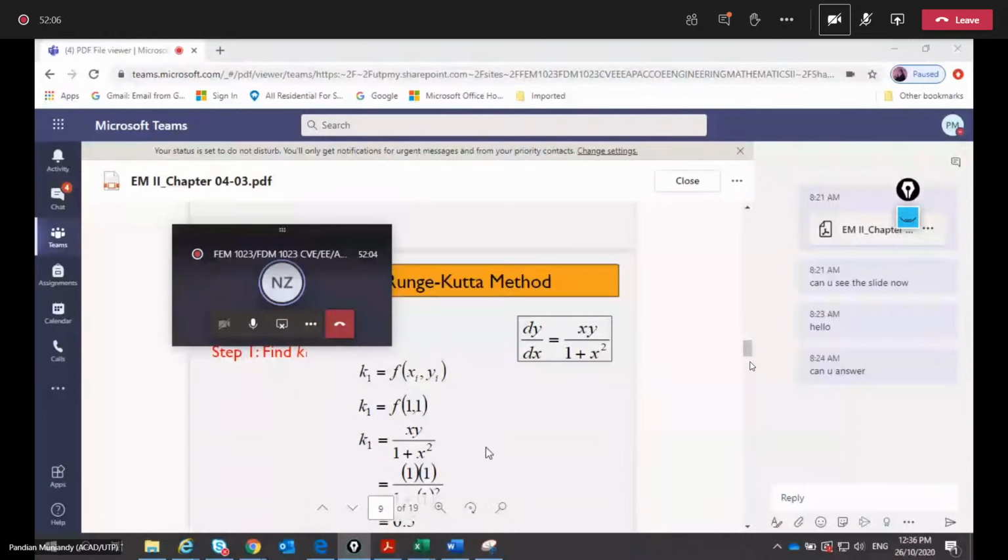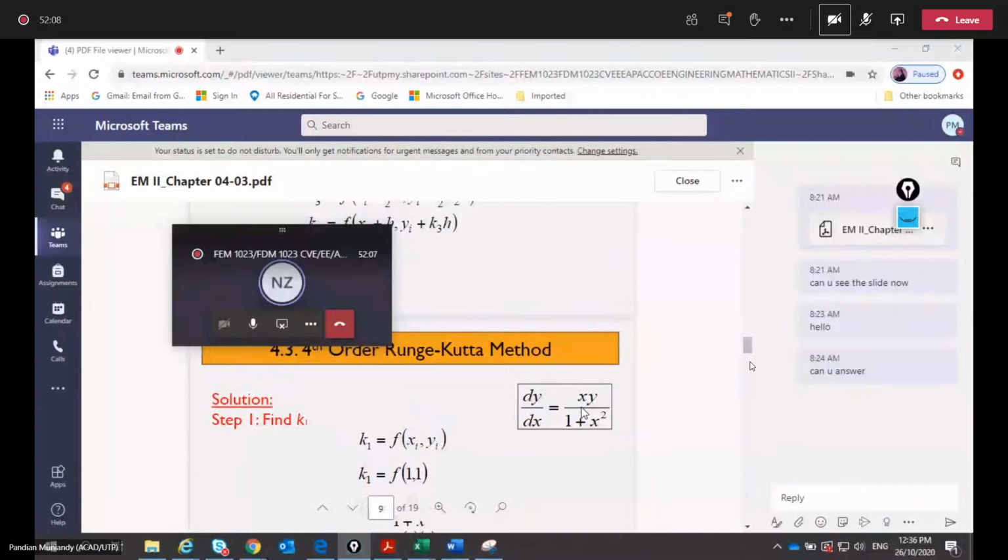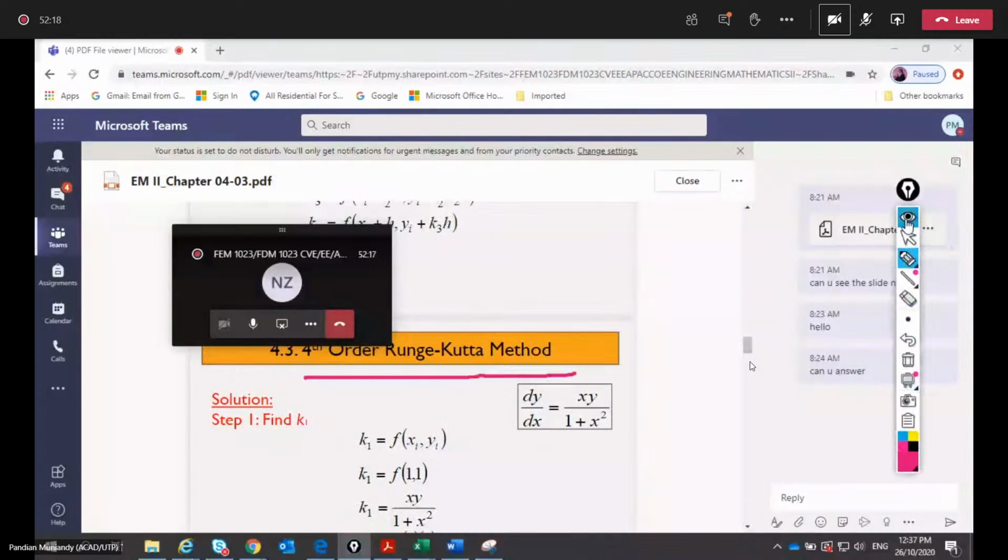So dy/dx equals xy over 1 plus x squared, which is your f(x, y). They forgot to write this. It is actually x subscript i, but they don't write the i there, and that is the problem now.